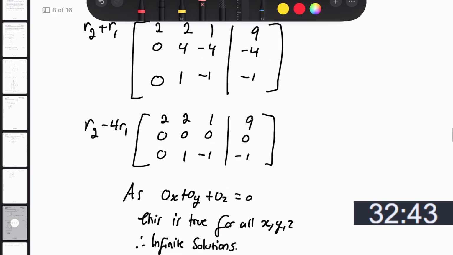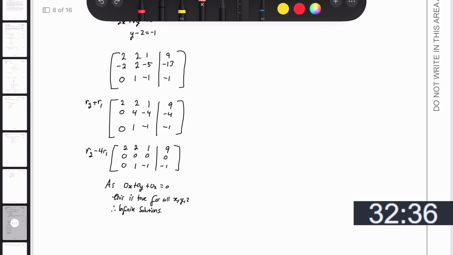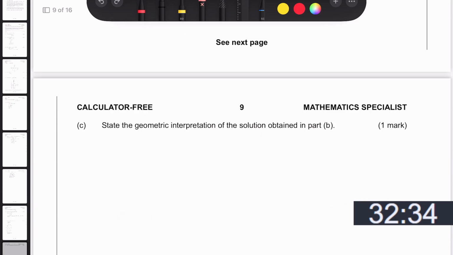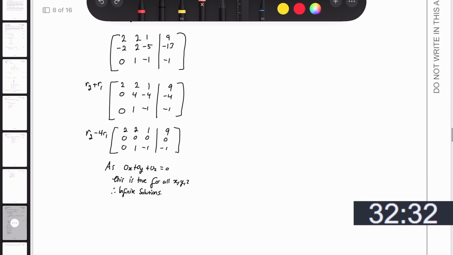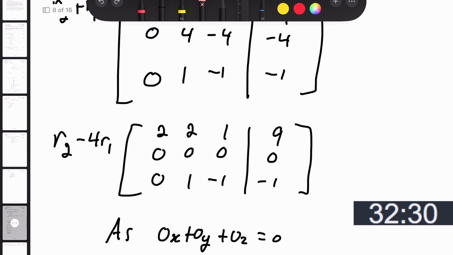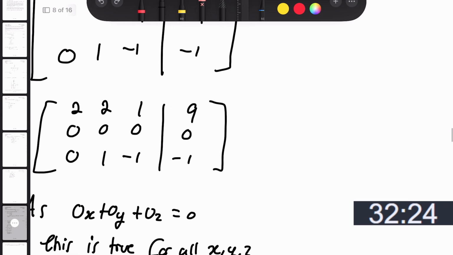However, they are still bound by these. So, state the geometric interpretation of the solution. If I'm correct, it should be that they all intersect along a line.